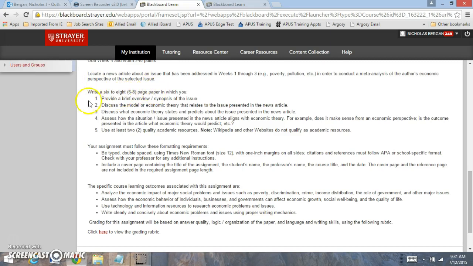You're going to provide a brief synopsis of the issue, discuss the model or economic theory that relates to the issue, discuss the theory that's presented in the article. So all these questions are dealing with the article. Assess the situation, the issue presented in the news article. Use 2 academic resources. One of them can be your book, but do not use Wikipedia and Investopedia.